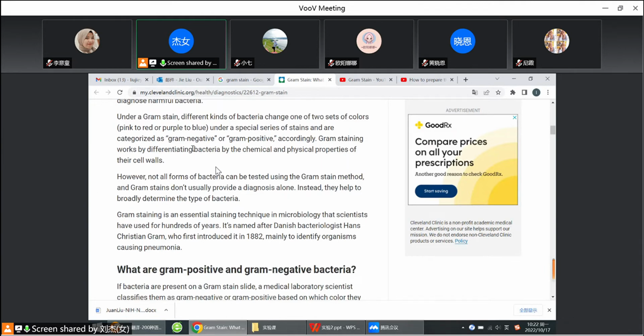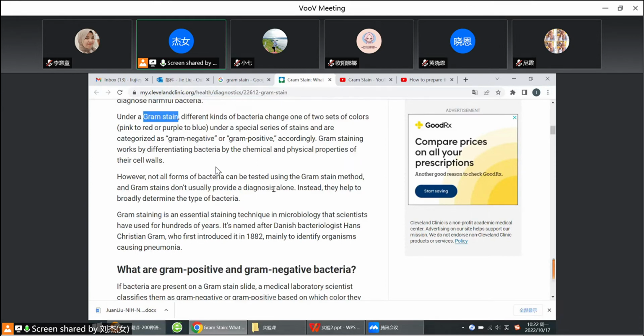It just shows, as we have learned, the cell wall of the bacteria. It just shows the different cell wall has different reaction to the reagents. Okay, so this is the general introduction for the gram stain.